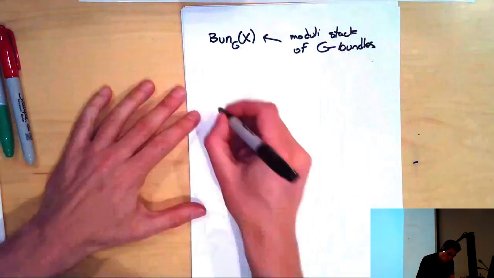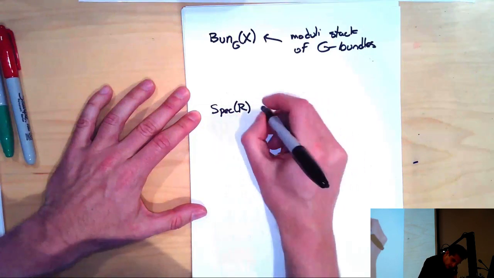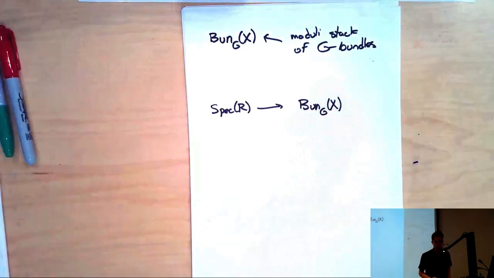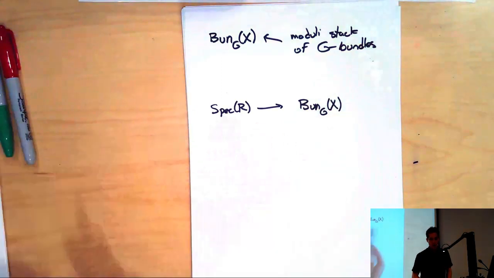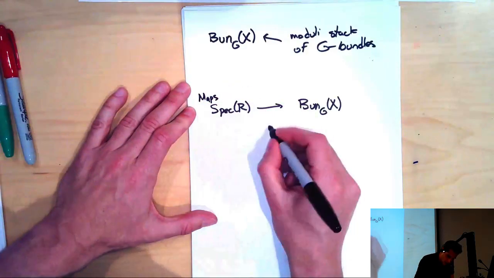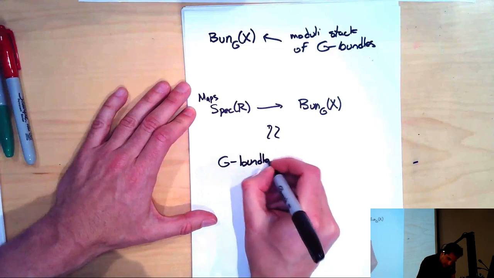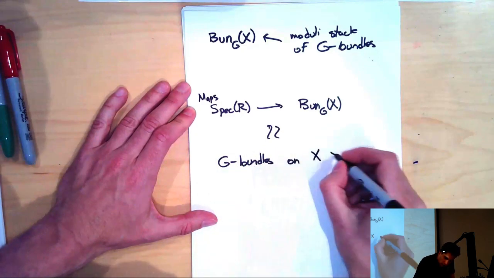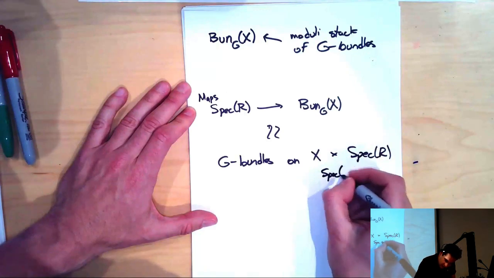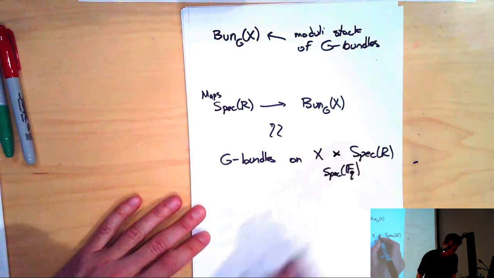So what is it? Well, it lives in the world of algebraic geometry, and it's defined by the following property: to give an R-valued point of Bun_G,X, so maps from Spec R into Bun_G,X, is the same data as giving principal G bundles on X cross Spec R. And here, I'm imagining that all my algebraic geometry is happening over the finite field F_q.